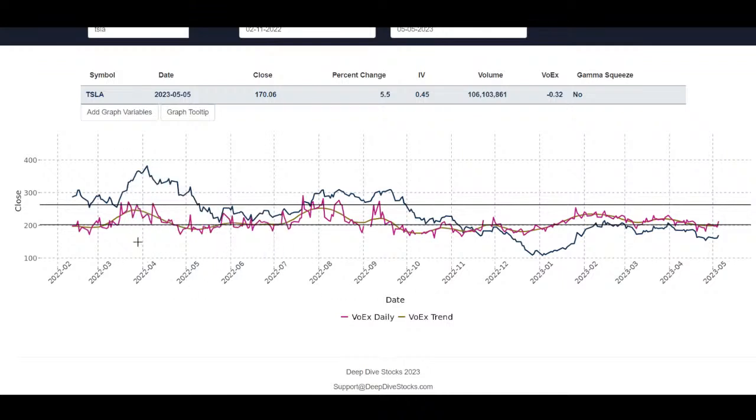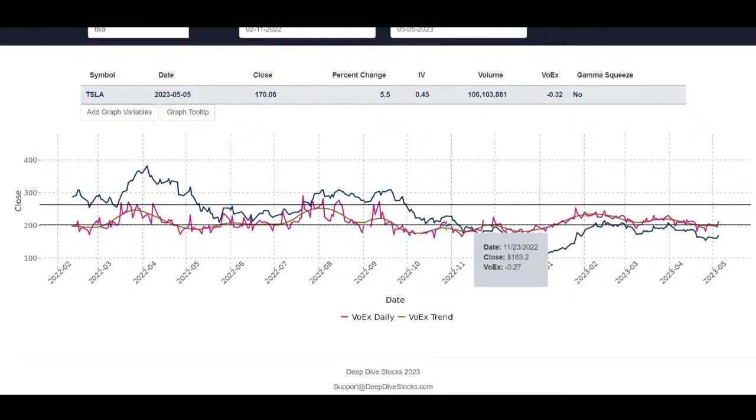Also, another thing, the lower zone below the lower black line is called the propagation zone. And when VOX is in propagation, that's really bearish. See, for example, here, when VOX fell into propagation, you could see price just got absolutely crushed from 300 down to 112. And Justin, who is the owner of Deep Dive Stocks, when VOX first moved into the propagation zone, made a video on Tesla predicting that Tesla would go under 100 this year.